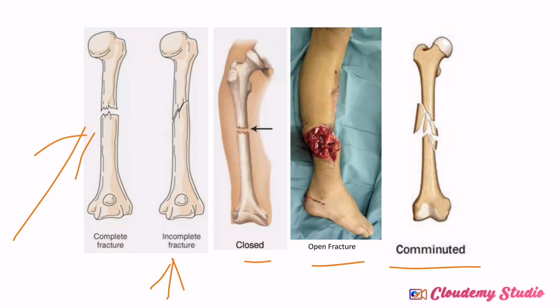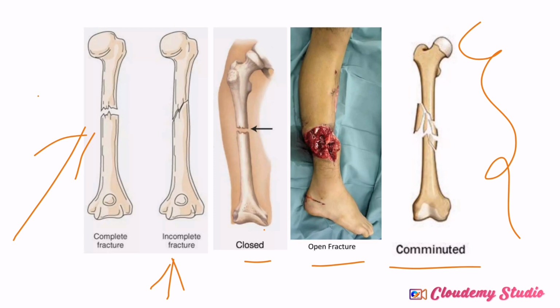This one is completely broken into two or more pieces. This one is not completely broken. This one is closed. As you can see, with an open fracture, you can see it from the skin. Then this one that has been broken into pieces is the comminuted fracture. So those are the things we are trying to explain.